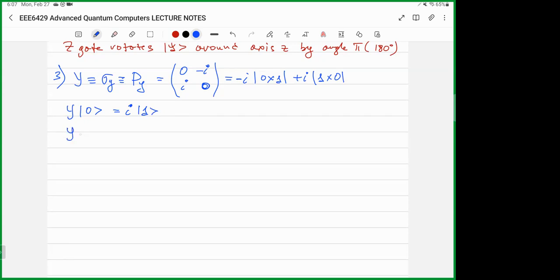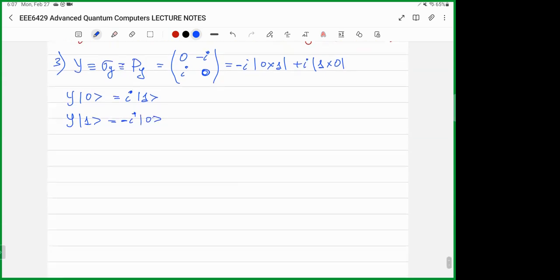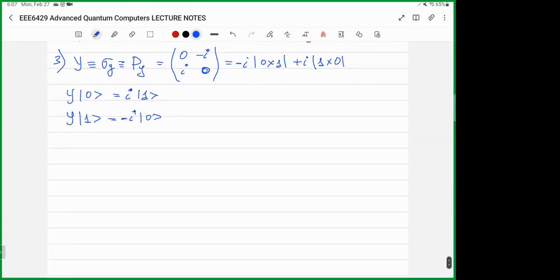And acting this gate on state 1, I'll get minus I state 0, right? So it flips the state. And let's consider as another example the action of this gate on a plus state.